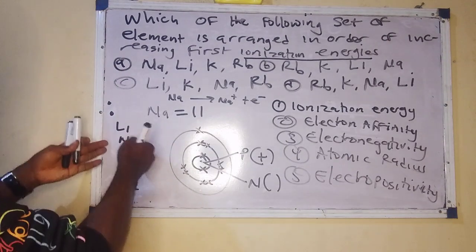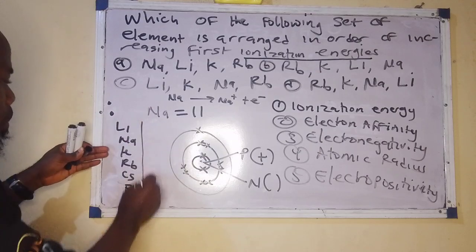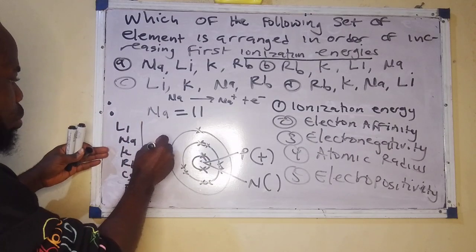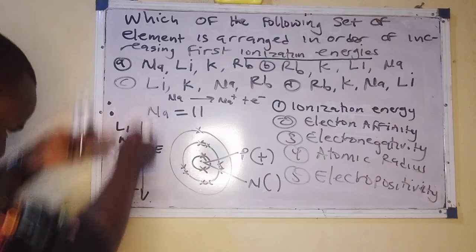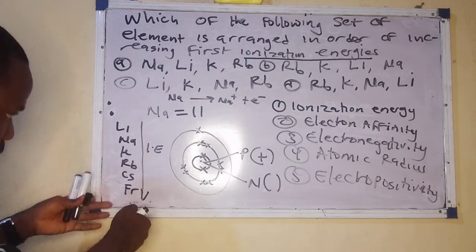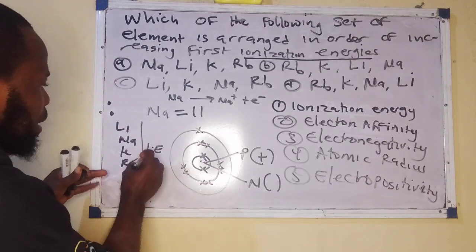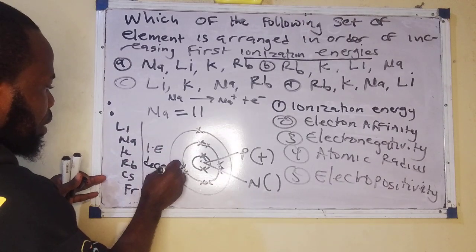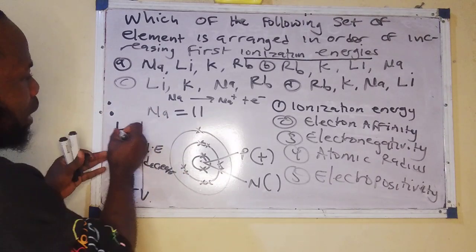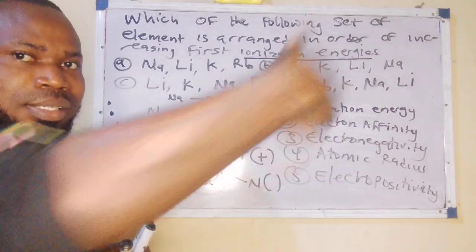Because all of them are in group 1, if I'm moving from top to bottom, ionization energy is decreasing. But if I'm moving across the period, it increases.